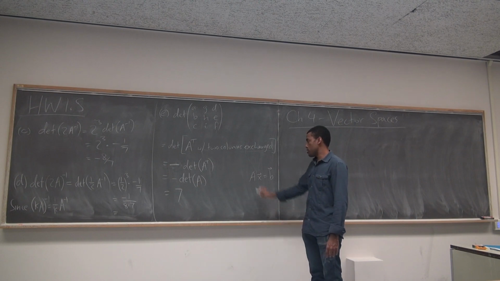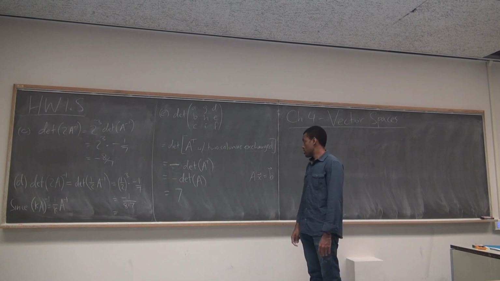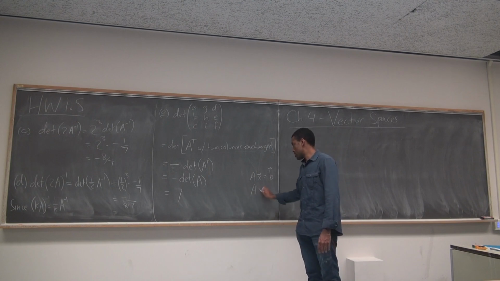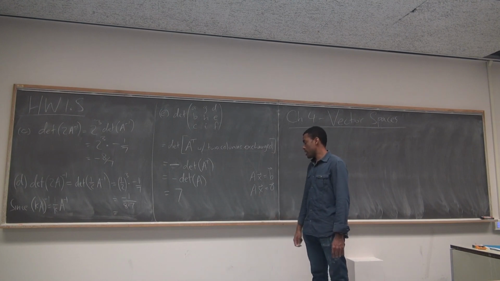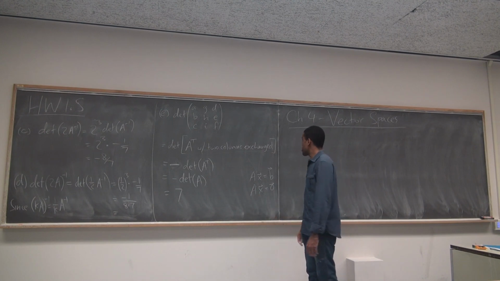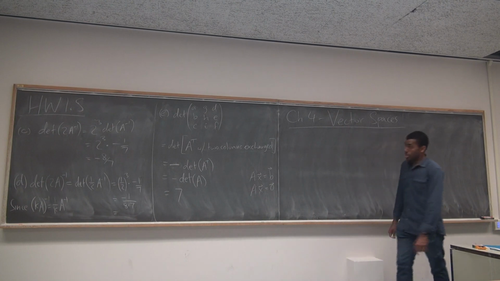Tell me about that system if A is invertible. There's a unique solution. What about the homogeneous system here? Only the trivial solution. What is the reduced echelon form of A? Okay. All right. So you know all that stuff.